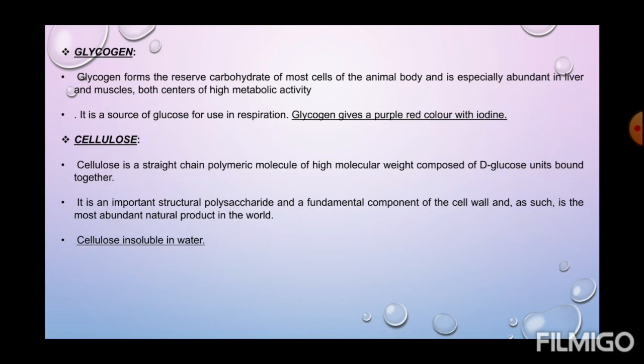It is an important structural and fundamental component of the cell wall, and is the most abundant natural product in the world. Cellulose is insoluble in water. Why is it insoluble in water? Because it is a complex polysaccharide.